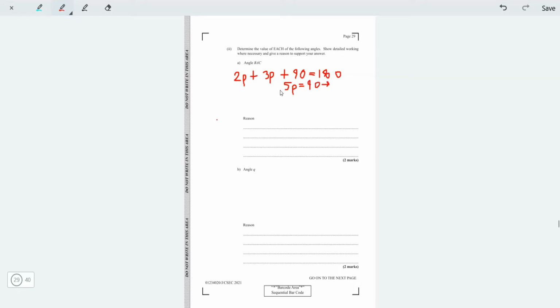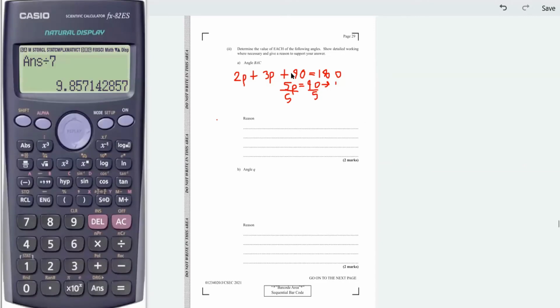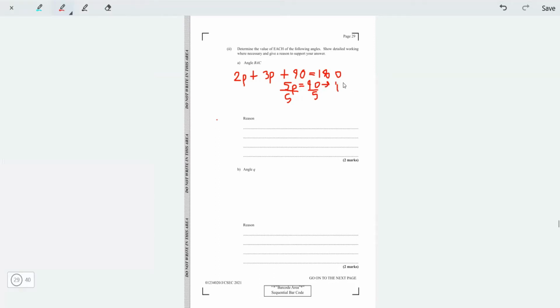If I divide both sides by 5, P is 90 over 5, which is 18 degrees. I'll plug it into my calculator, 90 divided by 5, that's 18. So P equal 18 degrees.